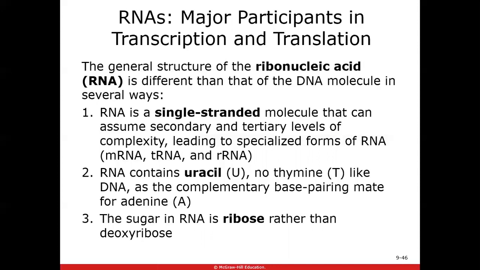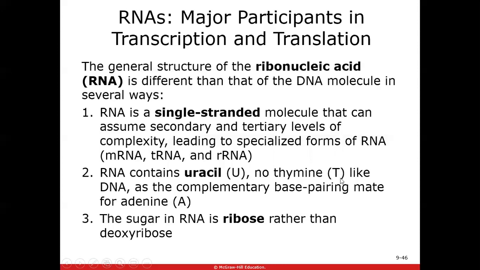The RNA contains uracil instead of thymine. Remember with the DNA, we said we have adenine, thymine, guanine, cytosine. RNA has uracil, but no thymine.